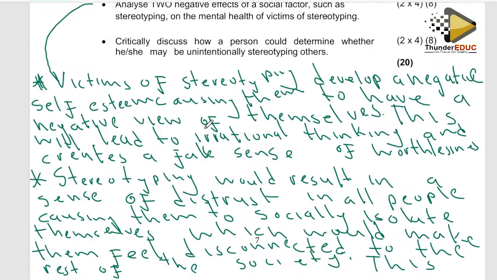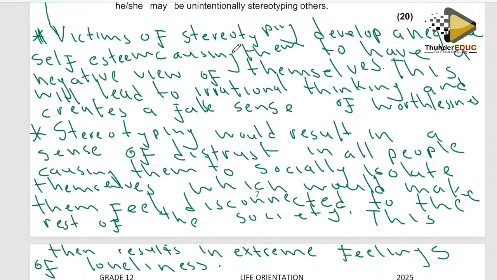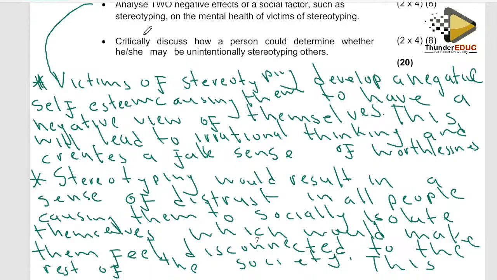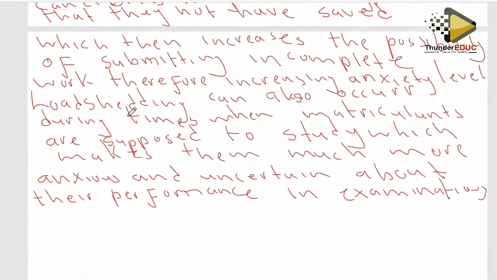Now, the next question reads, critically discuss how a person could determine whether he or she may be unintentionally stereotyping. How do you, as an individual, determine whether you are unintentionally stereotyping others? Let's go to the whiteboard.